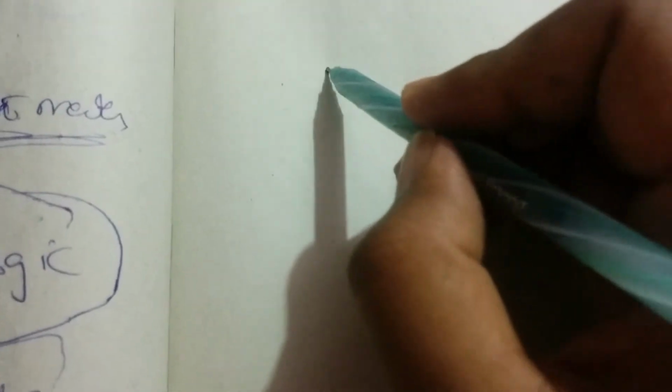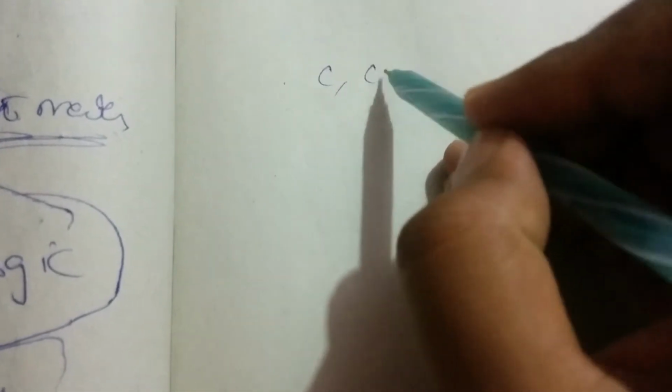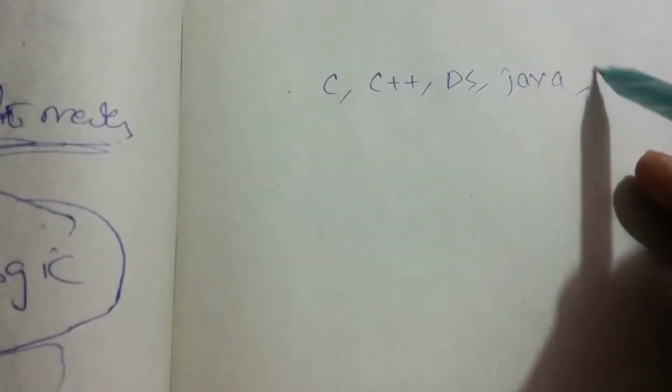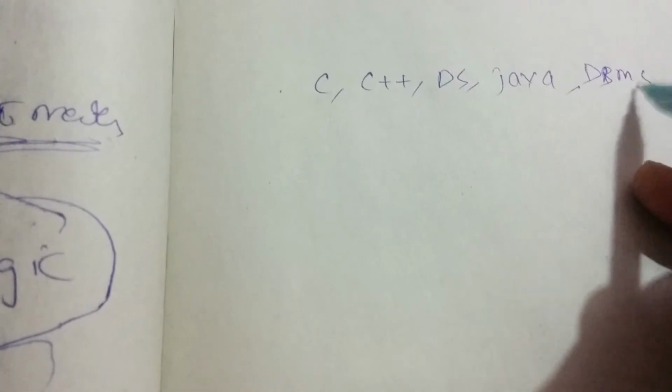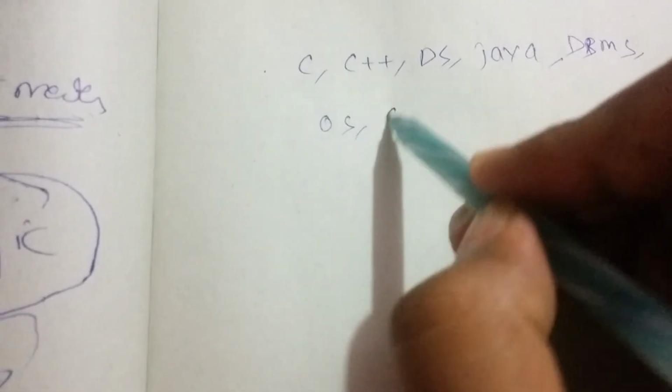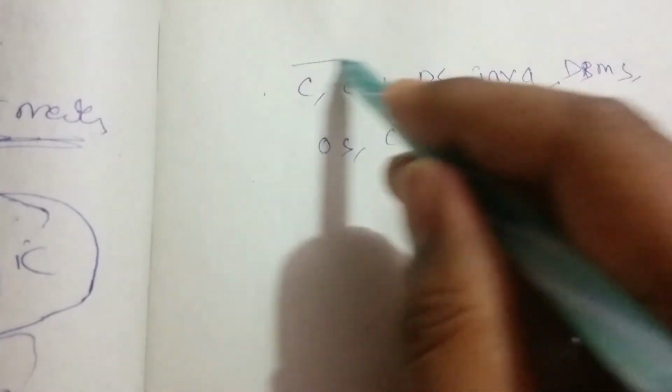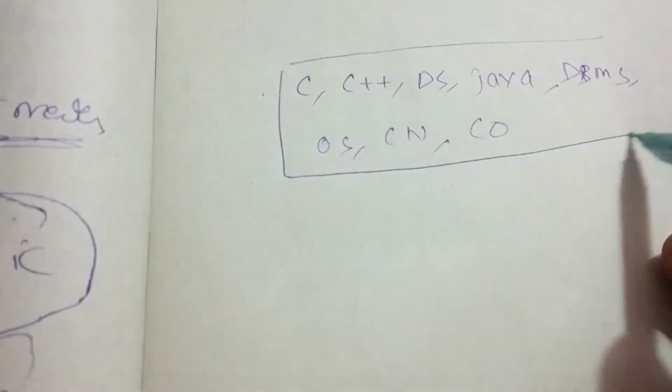And if you're preparing for product-based companies right after your BTech, I told you: C++, DS, Java, DBMS, OS, computer networks, CO. These subjects are very much important.